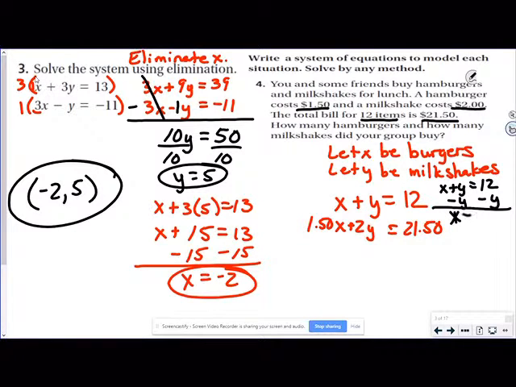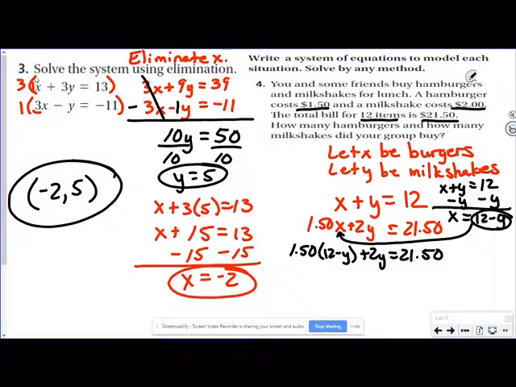And now x is equal to 12 minus y. I'm going to take that expression right here, and I'm going to put it back in for that x right there. So 1.50 times the quantity, 12 minus y, plus the original 2y equals 21.50.